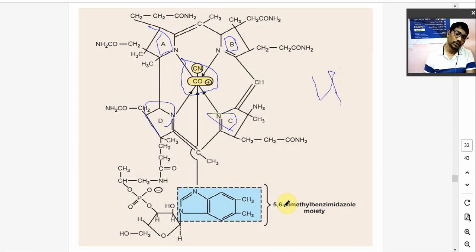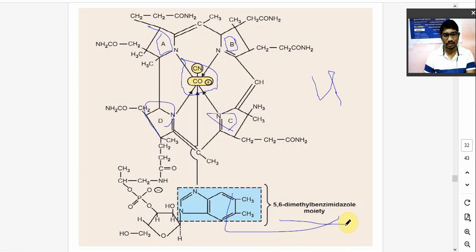Again there is one more heterocycle in the structure of your cyanocobalamin, and that is nothing but the benzimidazole moiety, 5,6-dimethyl benzimidazole. ये भी होता है, याद रखना है.